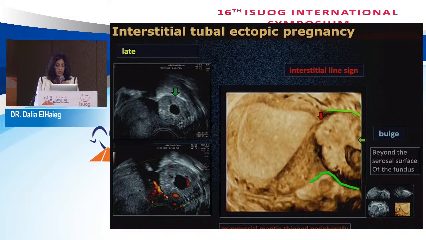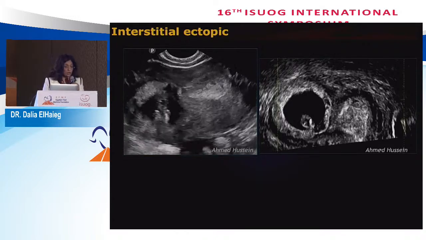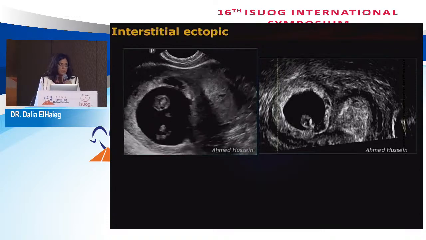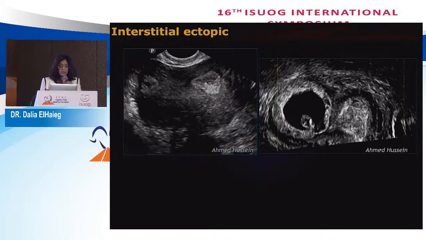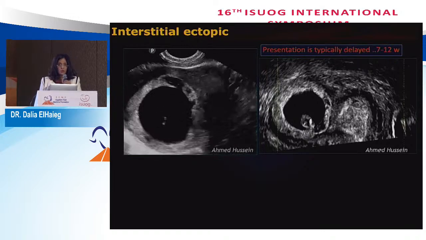More commonly, the growing gestational sac that is implanted in the interstitial part of the tube will grow laterally into the isthmic part of the tube, so it will produce a bulge on the outer serosal surface of the fundus. Because of the distensibility of the myometrium and its proximity to high vascularity, it tends to grow larger, and presentation may be delayed till 7 to 12 weeks.